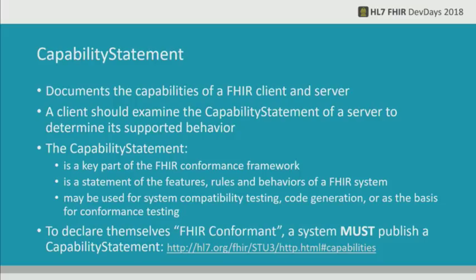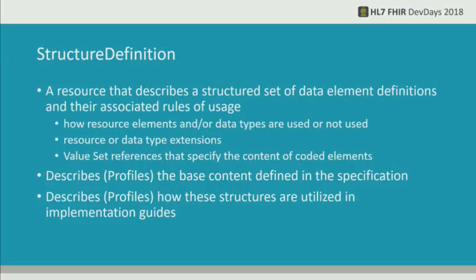So the biggest thing here is if you want to declare yourself as a FHIR conformant server or system, you must, at a minimum, provide a capability statement. So you could actually have a capability statement that says you don't do anything else but provide a capability statement and you're still compliant, which is kind of interesting, but that's just what the base spec does allow.